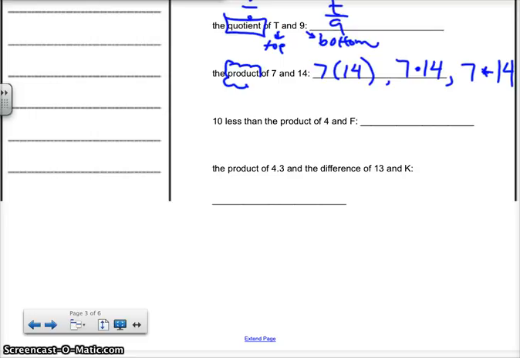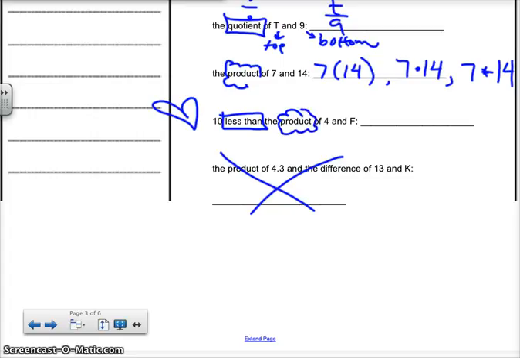Okay, the next one is more advanced. We're going to do one of them. It says 10 less than the product of 4 and F. So I have 2 vocab words going on here. I have a less than, and I have a product, which means multiply.